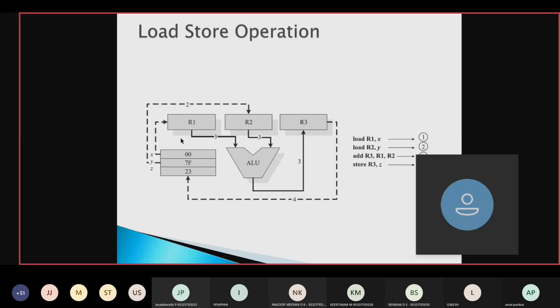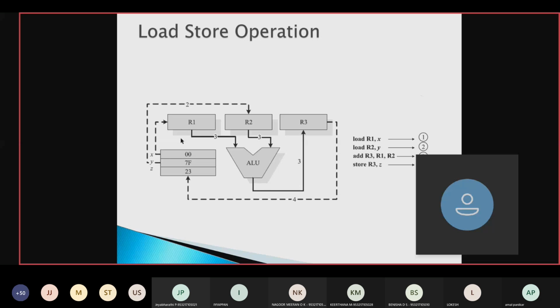From the memory, it will take the data into the registers, and there it is going to do some operations. Again, it is going to be stored into the memory. Loading from the memory, and again storing into the memory, that's called a load store operation.